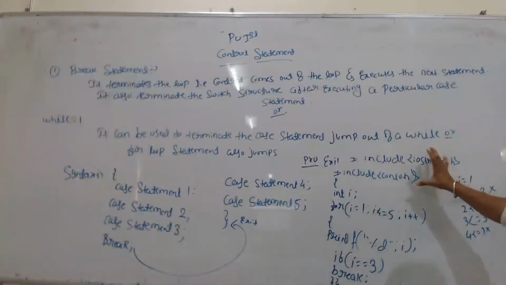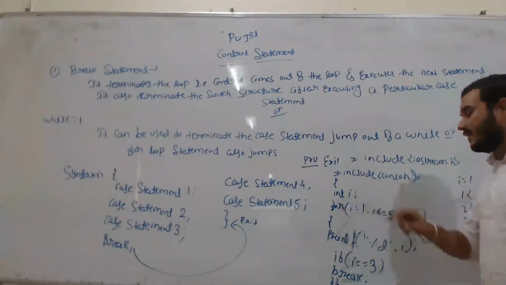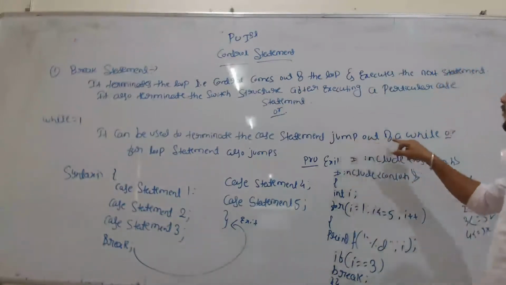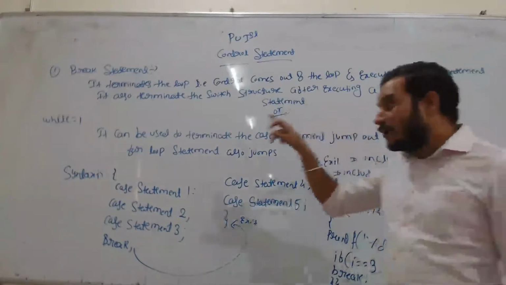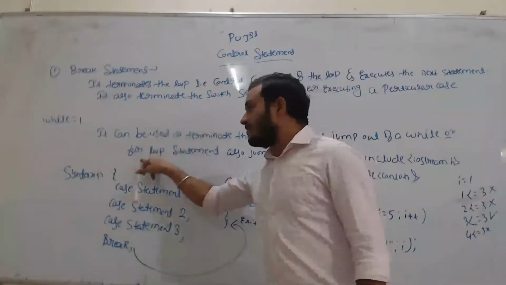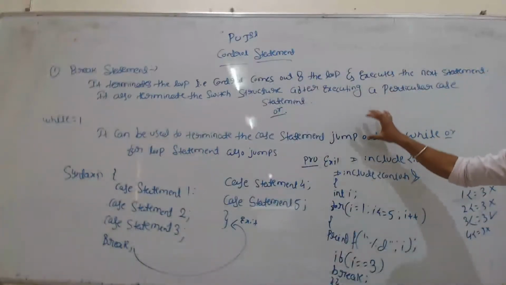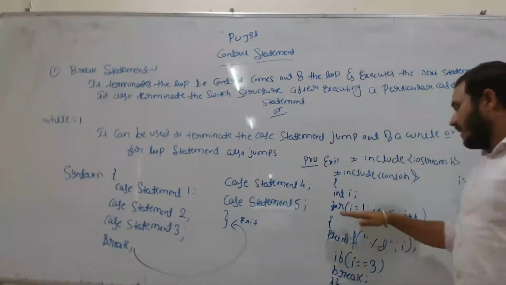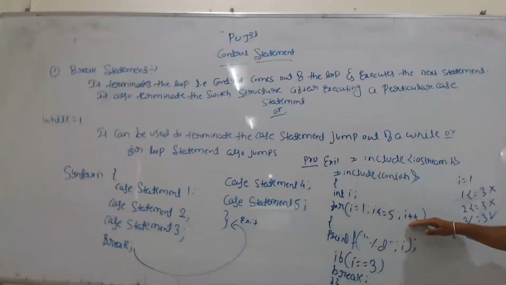Come to the example part of the loop. The header file I am preparing; the I value should be an integer data type, so that's why I am using the int data type here. I am taking a for loop here: for I is equal to 1, I less than or equal to 5, I plus plus.